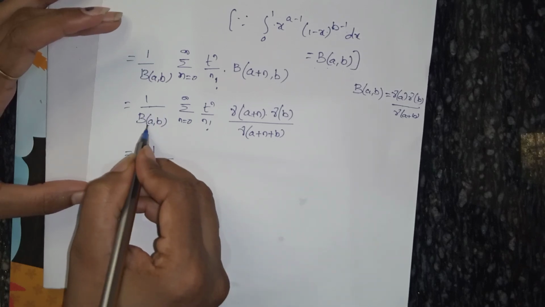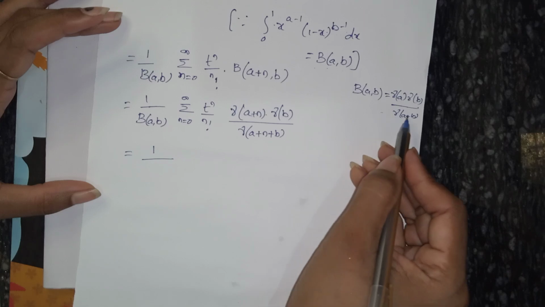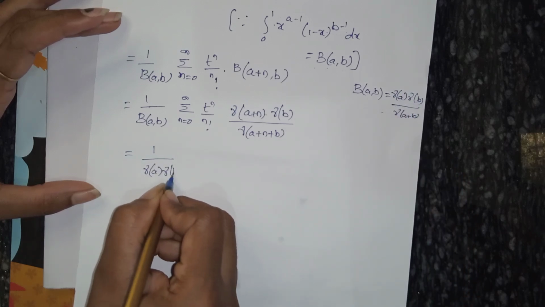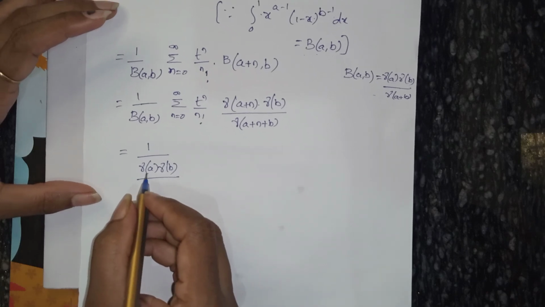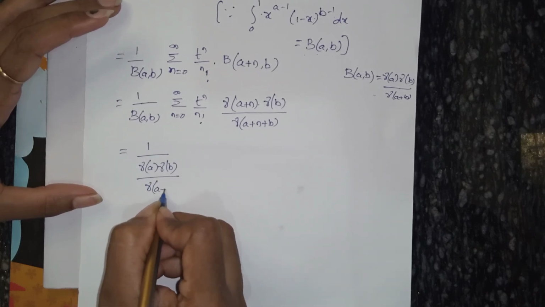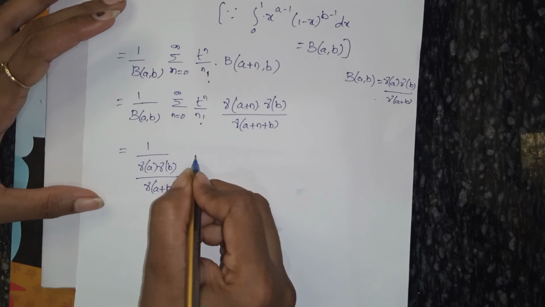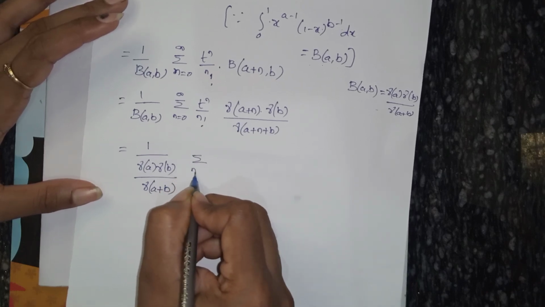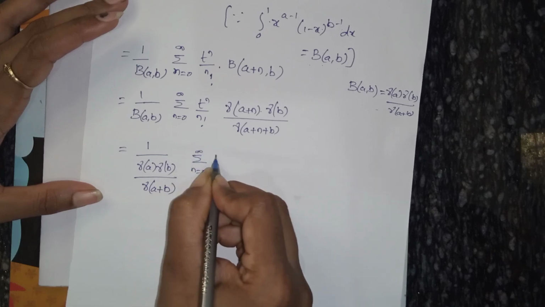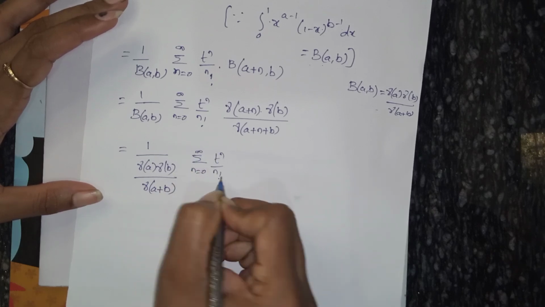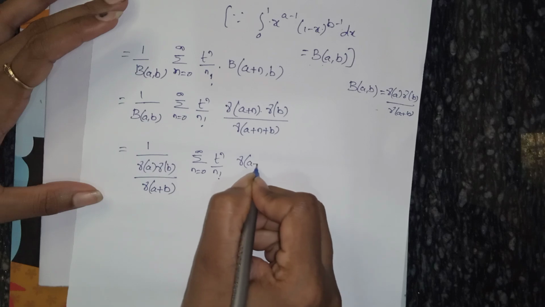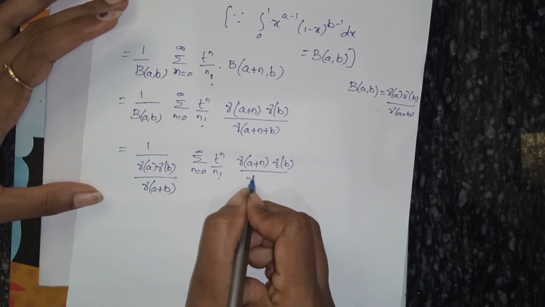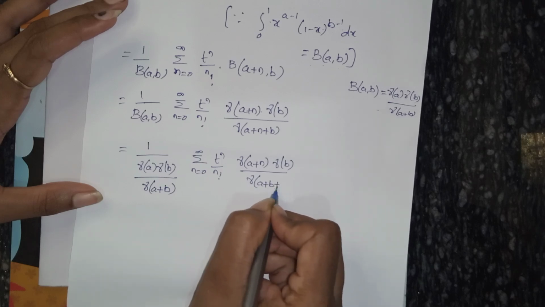Next, again I am going to do this one. This one and this one are both the same now, so I am going to use this. 1 by gamma of A into gamma of B by gamma of A plus B. Next, summation n equals 0 to infinity t power n by n factorial gamma of A plus n into gamma of B by gamma of A plus B plus n.